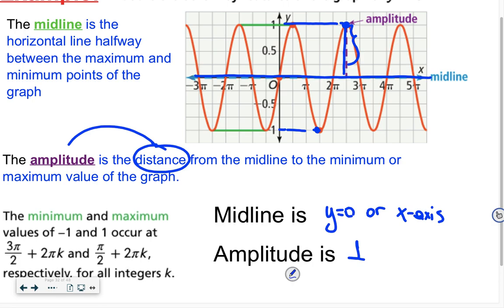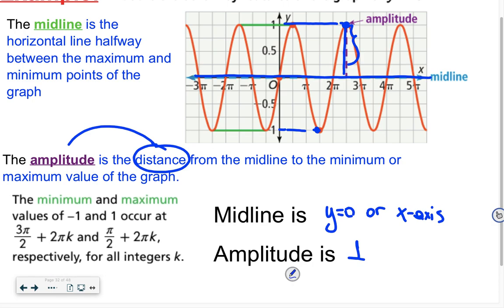On the other hand, there's also one piece of information here. The minimum and the maximum values of negative 1 and positive 1 occur at 3 pi over 2 plus 2 pi k and pi over 2 plus 2 pi k respectively, for all integers k. What does that mean? As you see here, the first maximum value is what? x is equal to pi over 2.